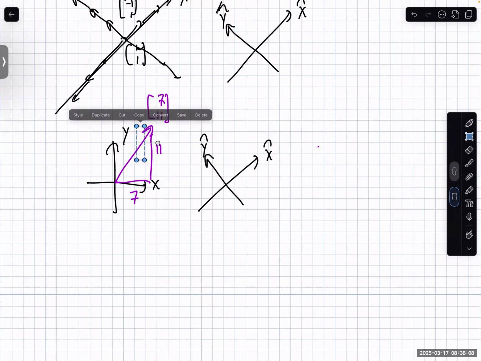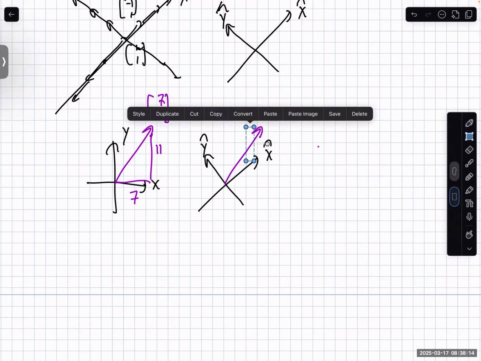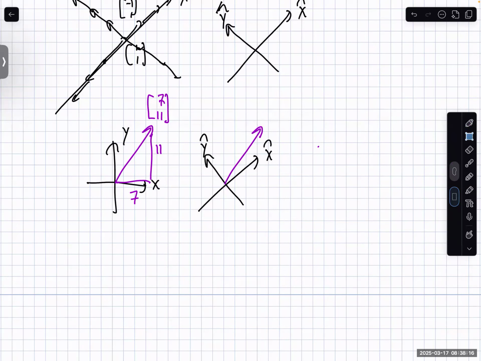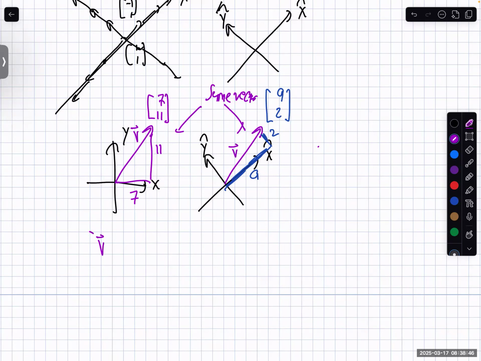Or I could take exactly that same vector, and this one is just in blue, 9 units this way and 2 units that way. So in this coordinate system, I could represent that same vector as 9, 2.